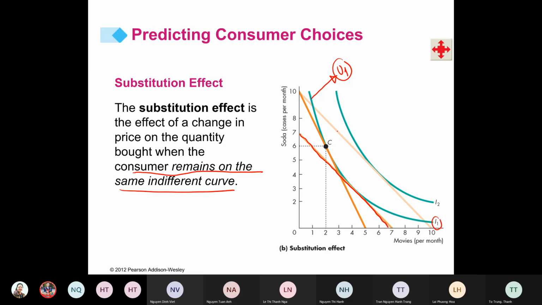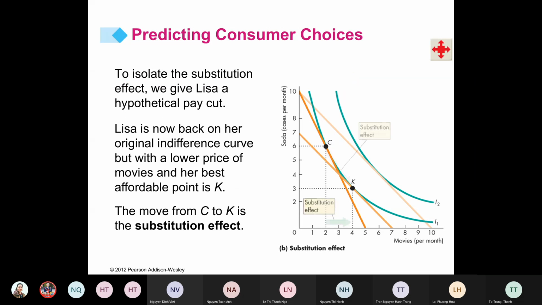Remember, the slope of the budget line illustrates the price of tickets. So the slope of this imaginary budget line changes, meaning that we let the price change. But this imaginary budget line is still tangent to the original indifference curve, let's say at point K.